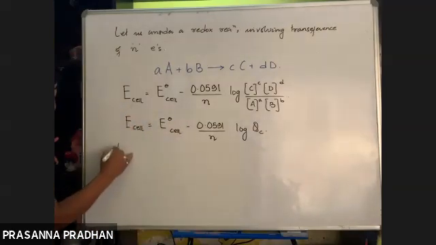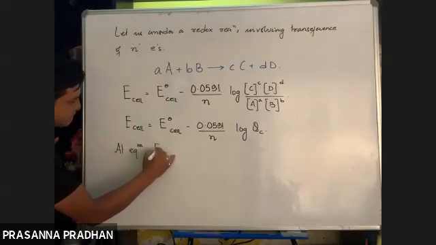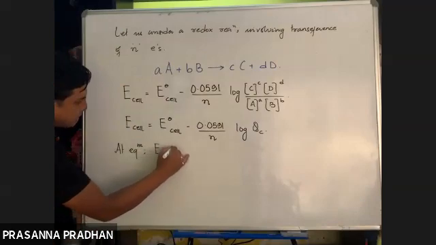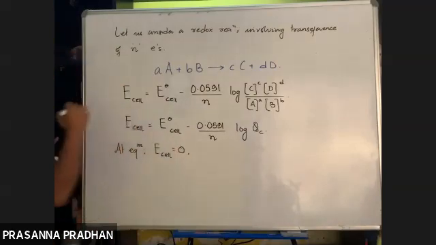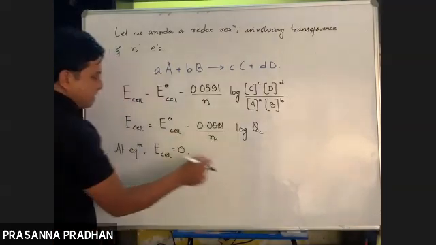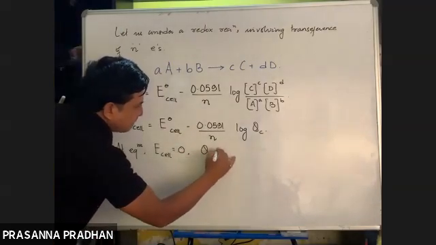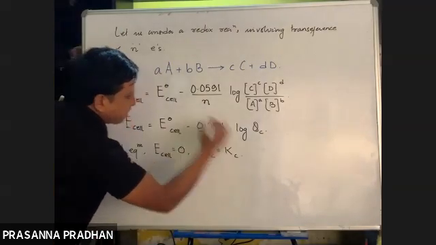Now, as soon as the reaction attains equilibrium, what will happen? The measurable properties will become constant. E cell will become equal to 0. E cell becomes equal to 0 at equilibrium. The cell potential will become equal to 0, and Qc will be replaced by Kc.